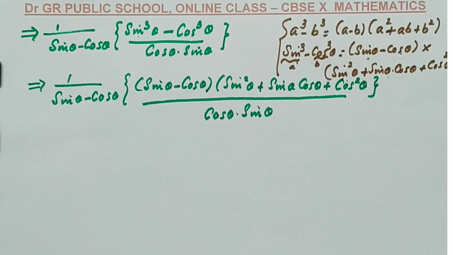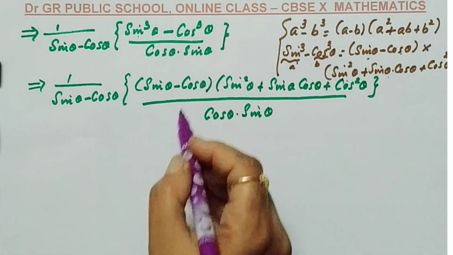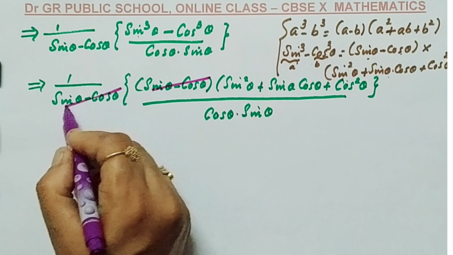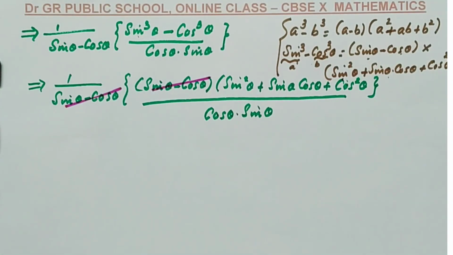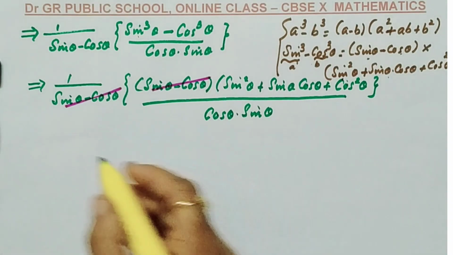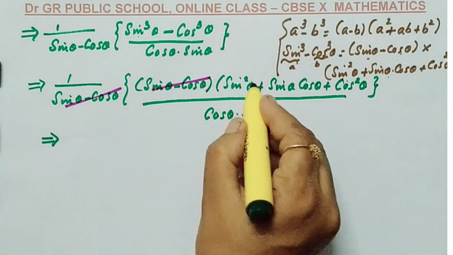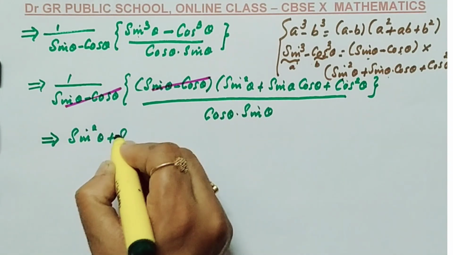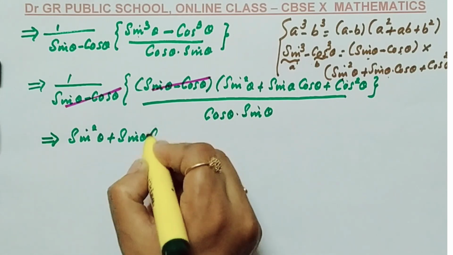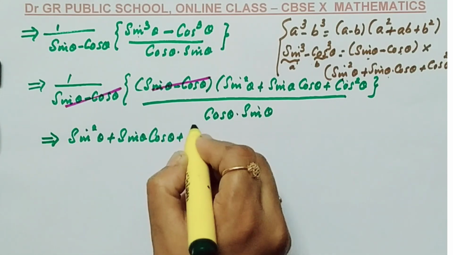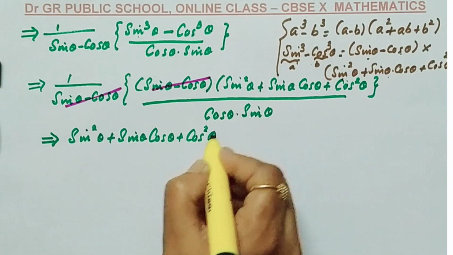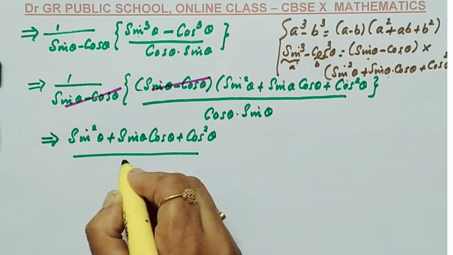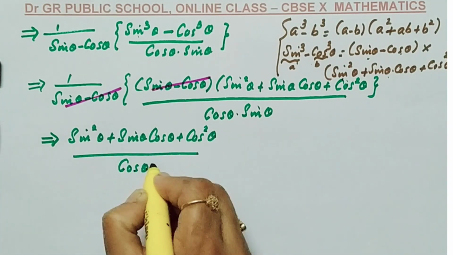Now you can see that the numerator sin theta minus cos theta you can cancel with the denominator sin theta minus cos theta. What remains is sin square theta plus sin theta cos theta plus cos square theta in the numerator, the whole divided by cos theta into sin theta.